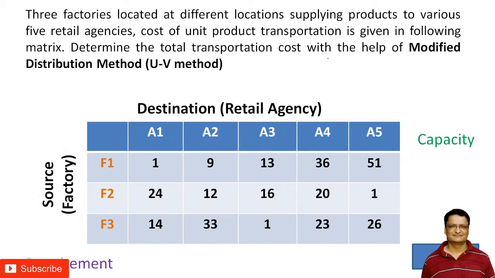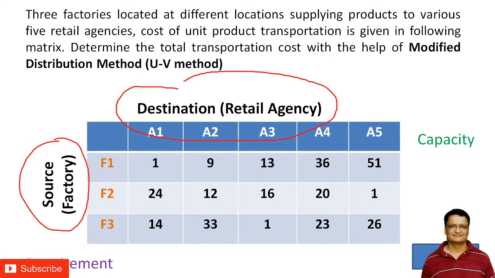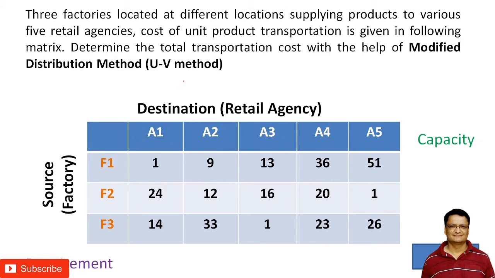Now this is a transportation problem, and we have to determine the minimum transportation cost which will be required to transport all the available supply to the destinations. Let us see, one more piece of information is given in this problem, that is the capacity of each factory.